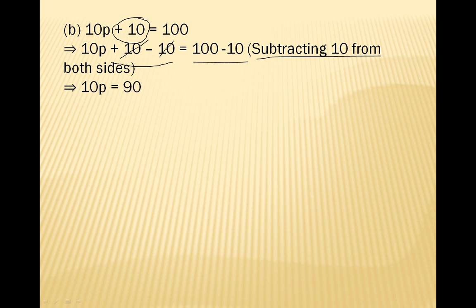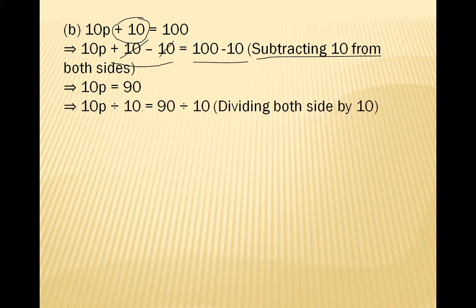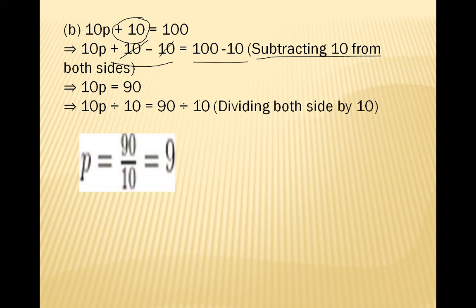So now 10p, that means 10 multiplied by p, so we have to use here opposite operation, so we have to divide it by 10. So 10p divided by 10 is equal to 90 divided by 10, so dividing both sides by 10. So here we get 10 ones are 10, that means only p, and 10 nines are 90, so p is equal to 9 is the given solution of the given equation.